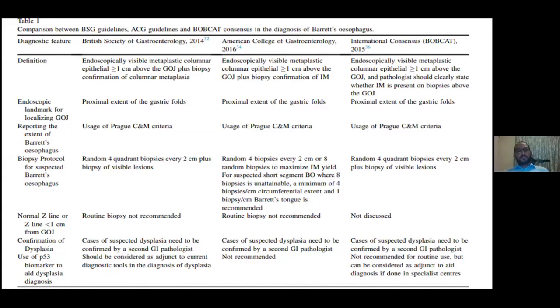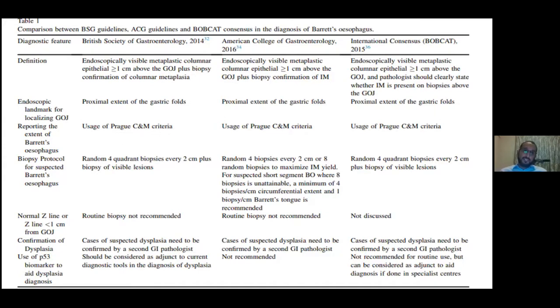Just a quick review. This is the differentiation between all guidelines: British guideline, American guideline, and international consensus for Barrett oesophagus, in a table, just to summarize the differences and what is the same. So the definition: the difference between the British Society guideline and American.